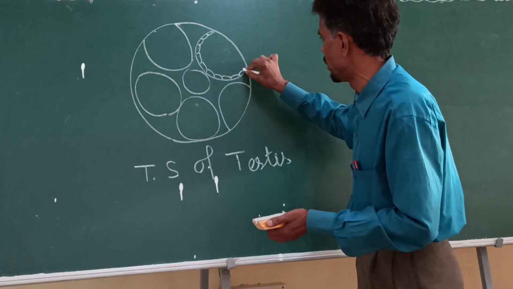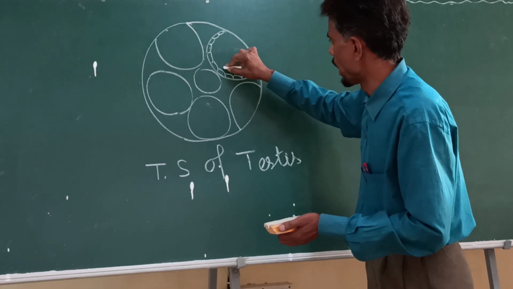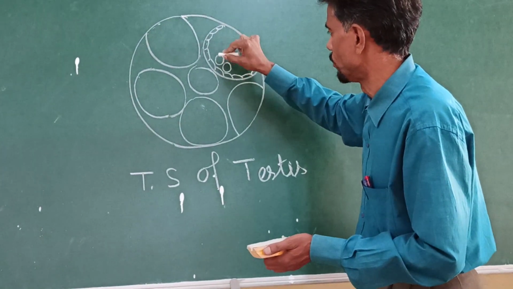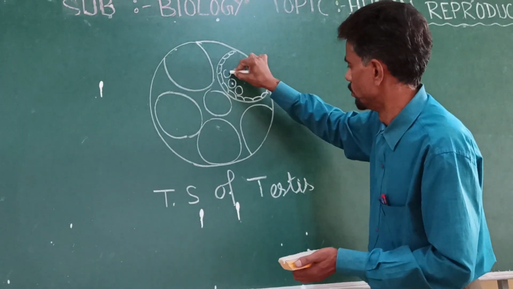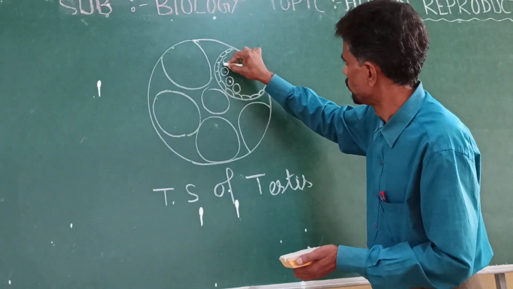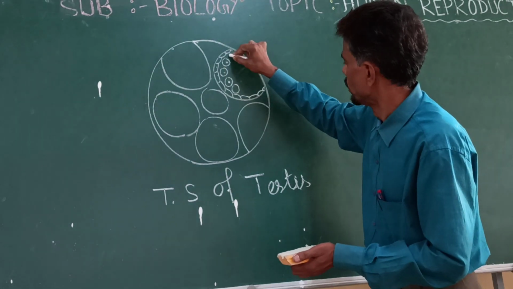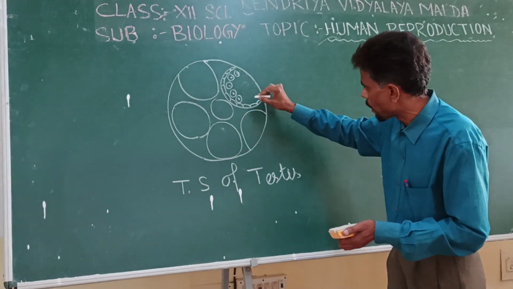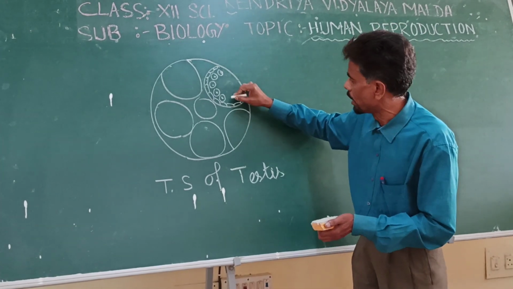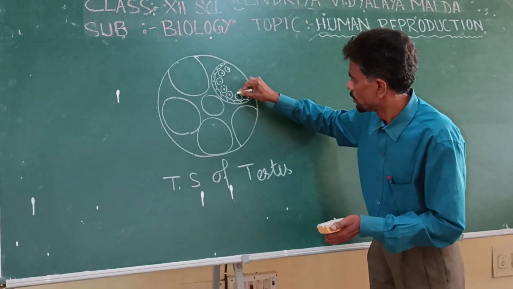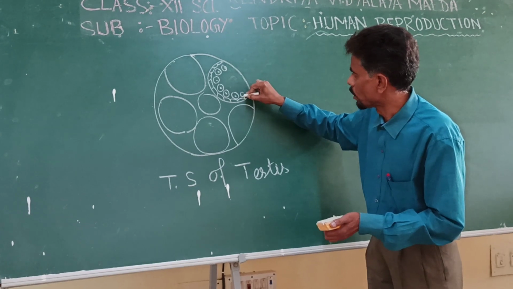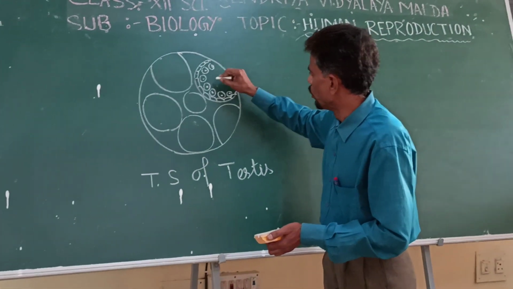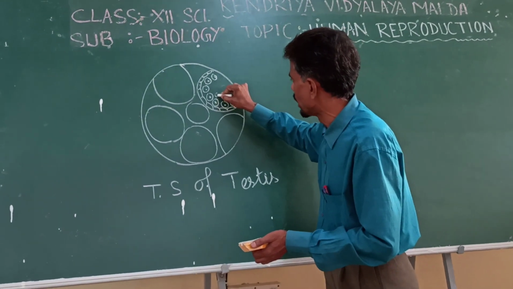After that I level. Then we have different size cells. These are the spermatogonial cells, otherwise we can call spermatogonia. Then we have certain other cells.